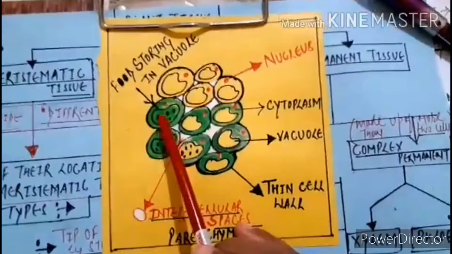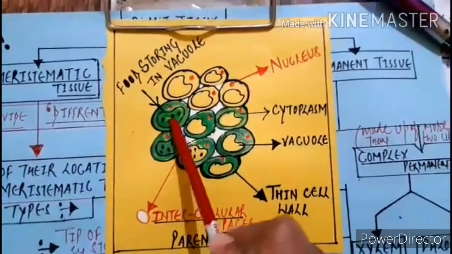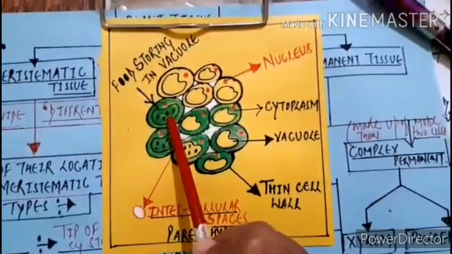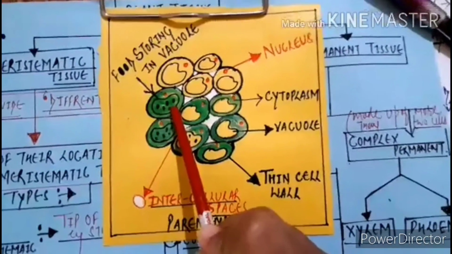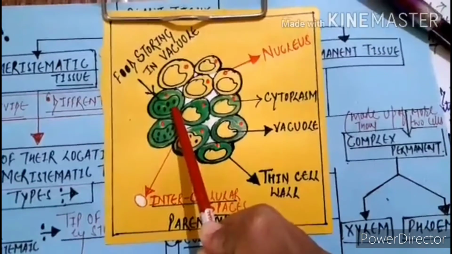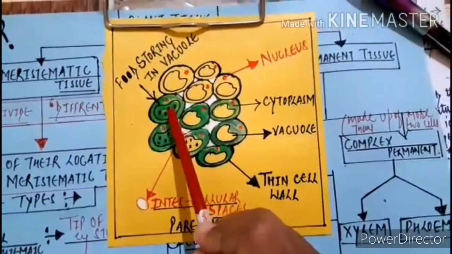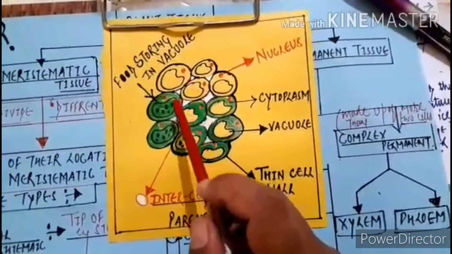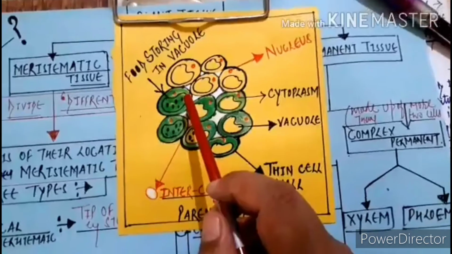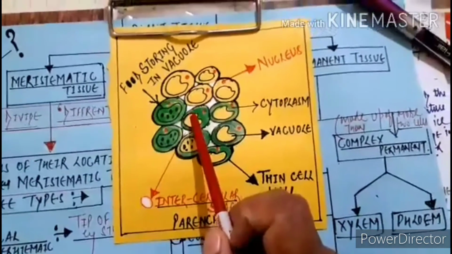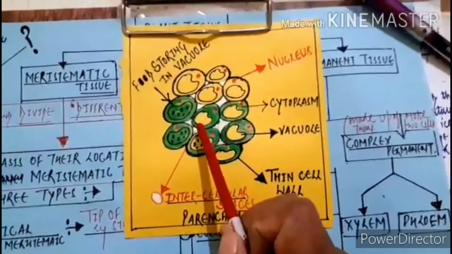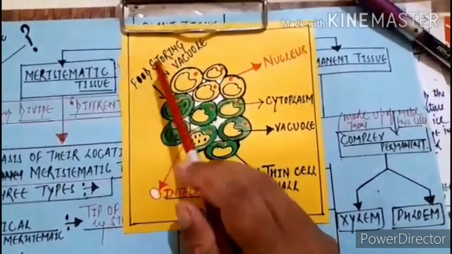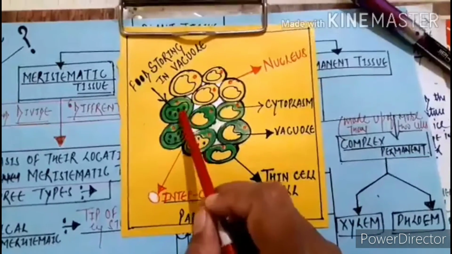And the vacuoles sometimes store food, and the food mostly stored in plants is starch. For example, parenchyma tissue is present in stems, leaves and roots. But for instance, the potato that you eat is a storage of food, starch stored in parenchymal cells.